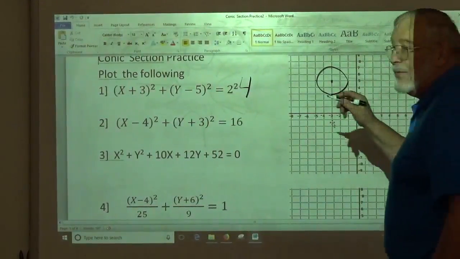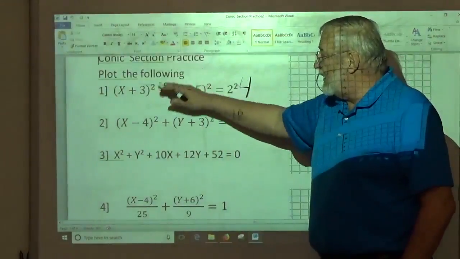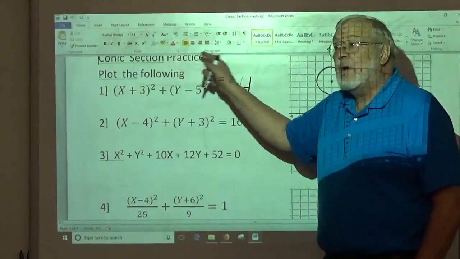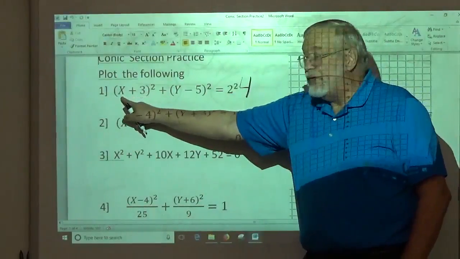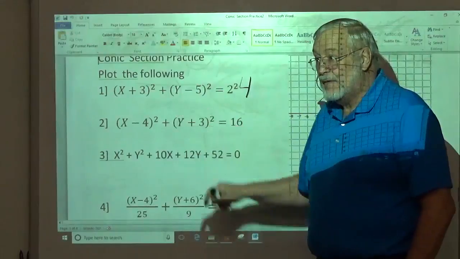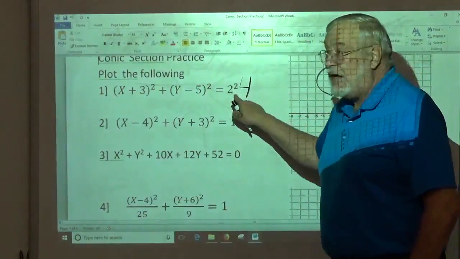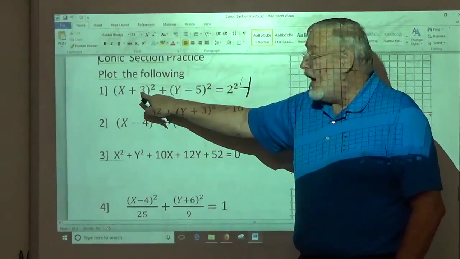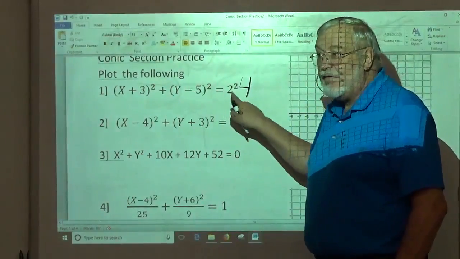Okay. Remember what we started with, that to identify a circle, you had x squared and y squared. If you multiply this out, you're going to have x squared and y squared. About the 2. This 2 is a combination of 9, 25, and 4.